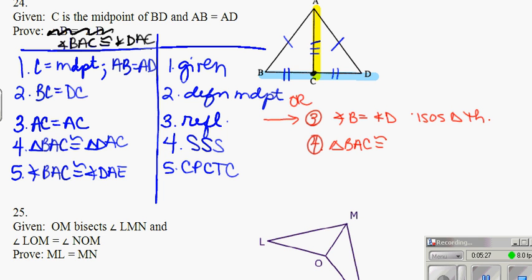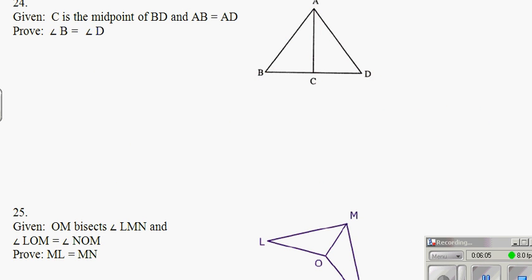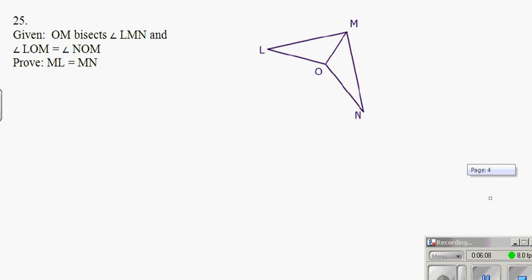Then my triangles are going to be congruent, triangle BAC to triangle DAC by side, angle, side. And then my same conclusion is that we are congruent in the angle department by CPCTC. Technically speaking, as long as your proofs are the same number of steps, it does not matter which way you do them. So it's whatever you see when you're working on the proof. Feel free to rewind and replay at that point. I'm going to move on to 25.